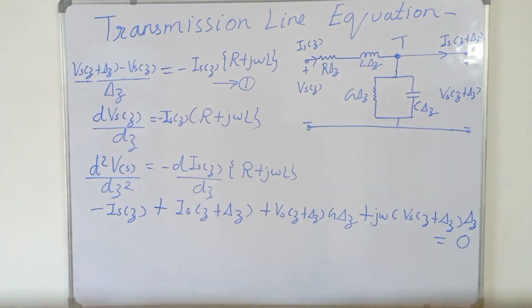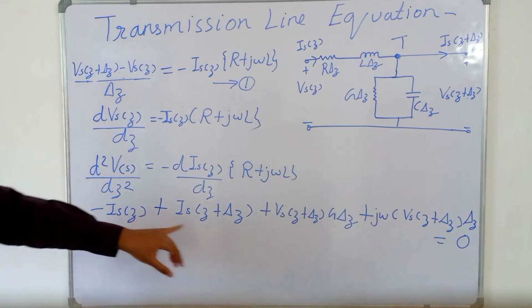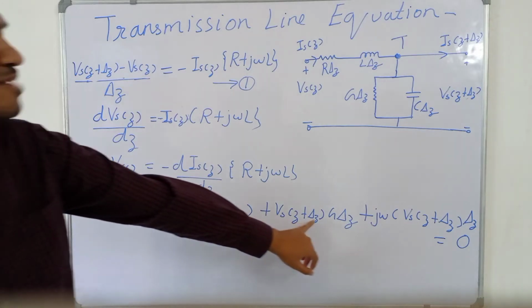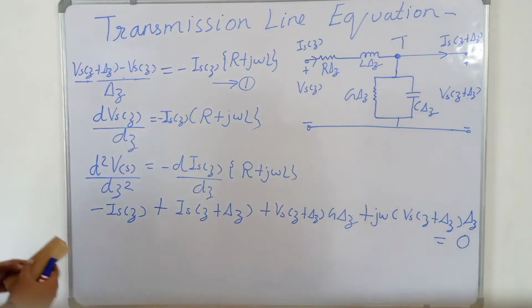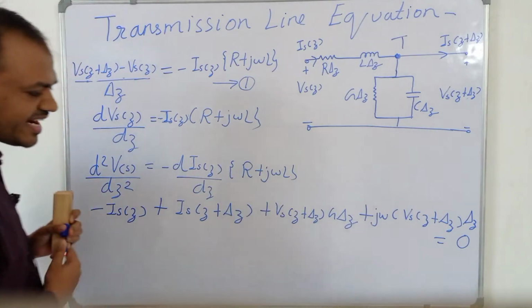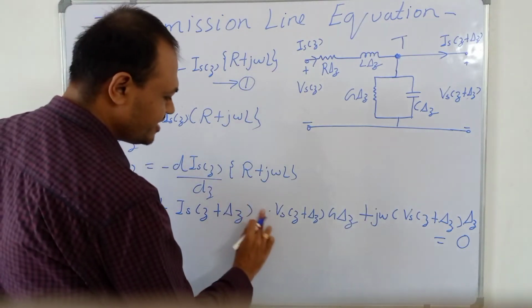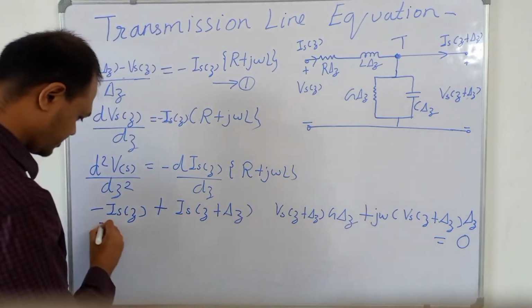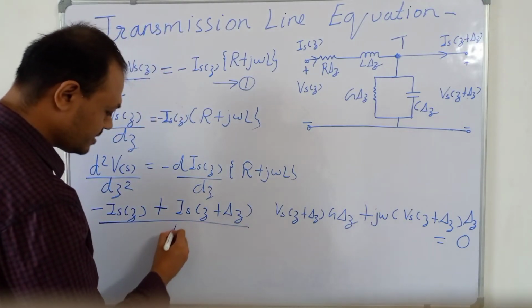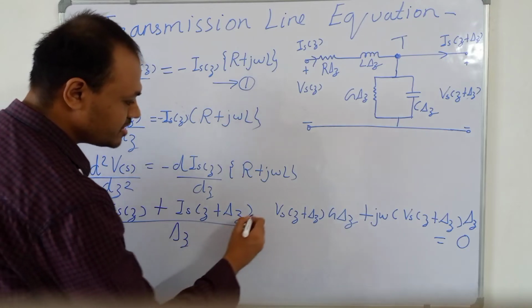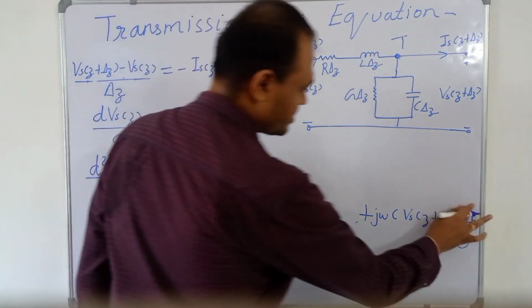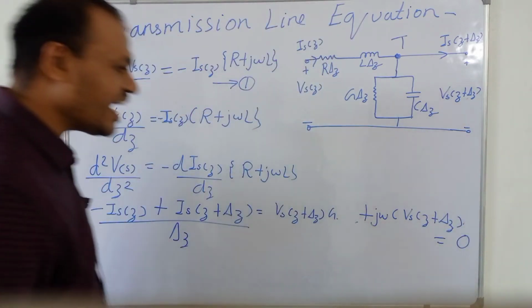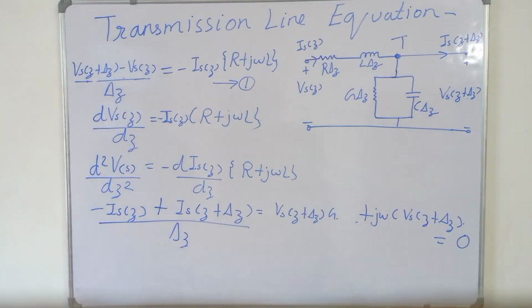Again doing the same thing, taking Vs of z plus delta z G delta z and this term on the right hand side and taking delta z common. So if we take delta z common and divide on this side, we can remove delta z from here and from here as well, and take Vs of z plus delta z common.